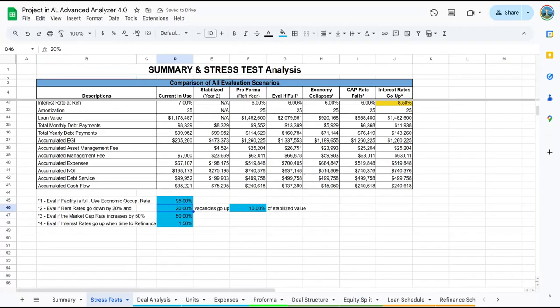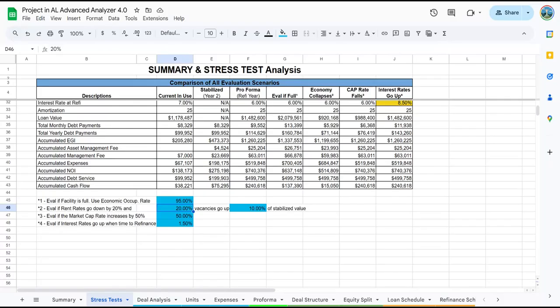Because if you're using a unit, or if your property manager is using a unit, it won't be calculated in any type of income. Scenario 2 is going to evaluate if the economy collapses.